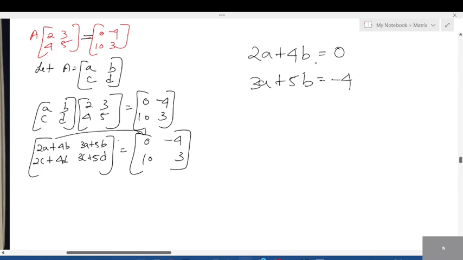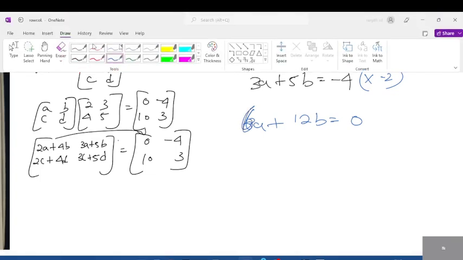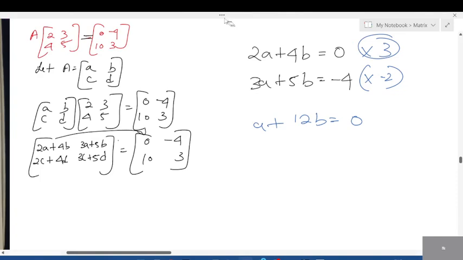Both will be positive. One into 3, and this one, what shall I multiply into? Give me the value. Minus 6A.